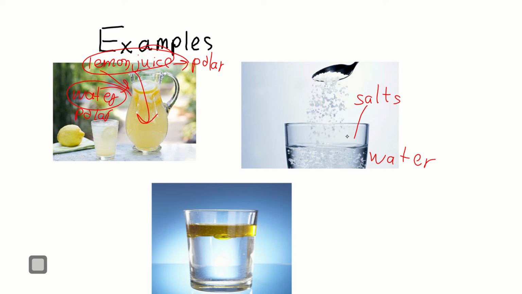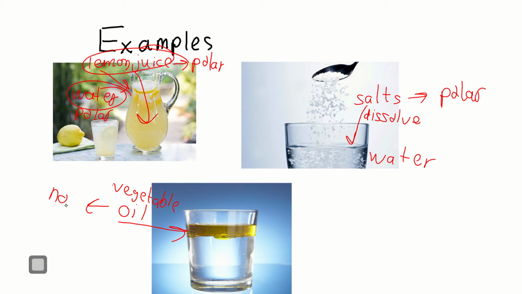It turns out the salts will dissolve, which means the salt must be polar. Okay? Water is polar. Right here I have some vegetable oil. It is not dissolving. That means the oil must be non-polar because the other substance in there is water.